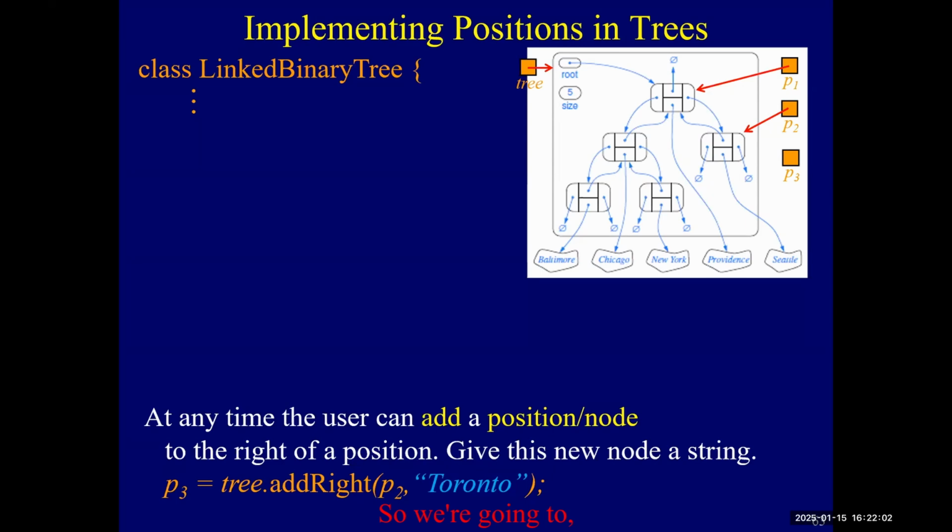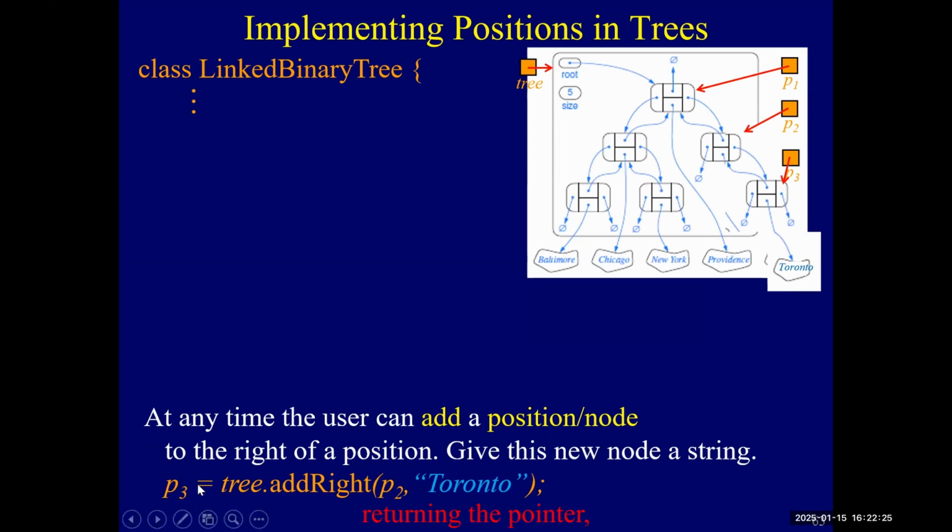So we're going to add a new right child to P2, and we're going to call it Toronto. Everybody see what we're doing? We're sticking it in there, and then we're returning the position of the new node, and storing it in P3.